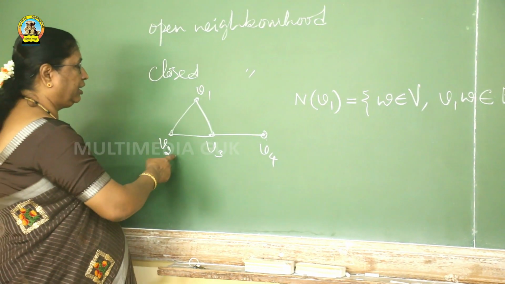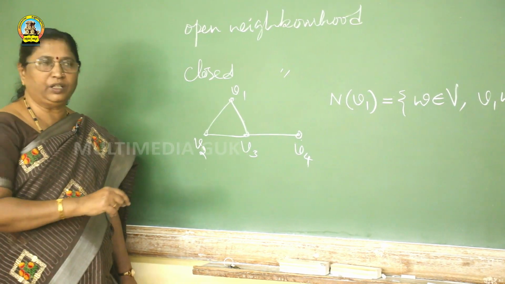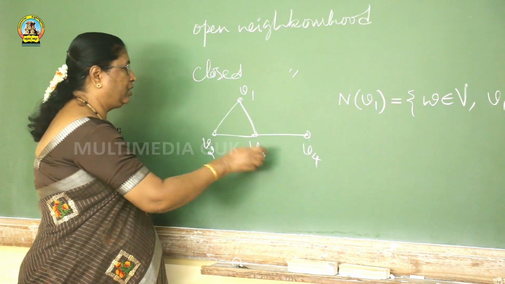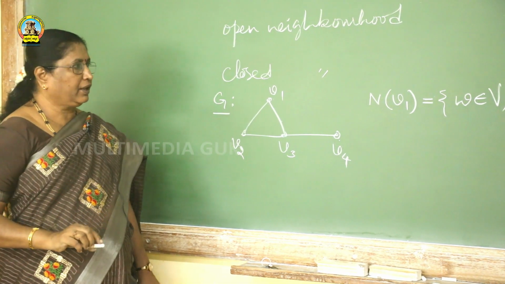That means the members of capital V are V1, V2, V3, V4. You can also name this graph G, right?